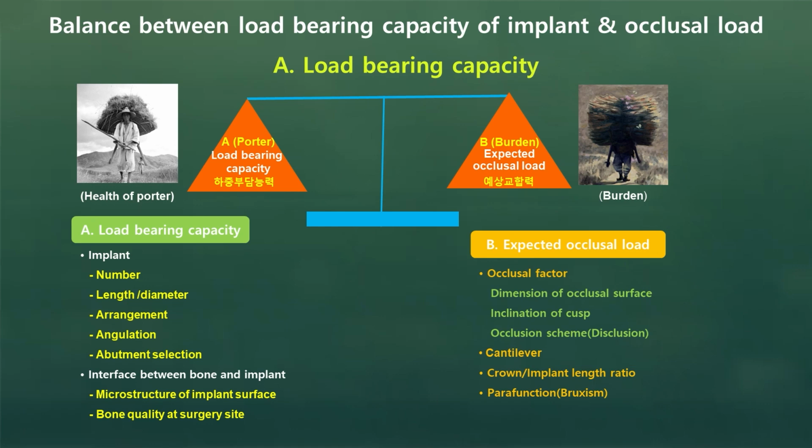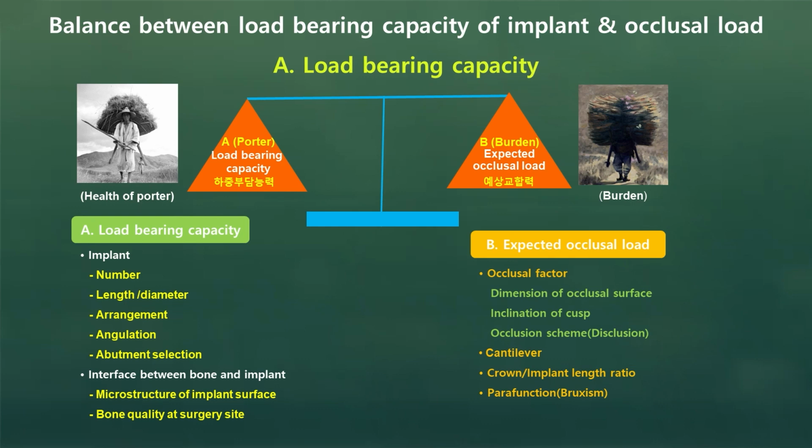This falls under implant. Whether implant has been placed correctly, if the implant has appropriate length and diameter, and whether implant has been placed so that axial load could be applied. Whether there's been angulation in terms of implant placement and what kind of abutment that has been chosen.